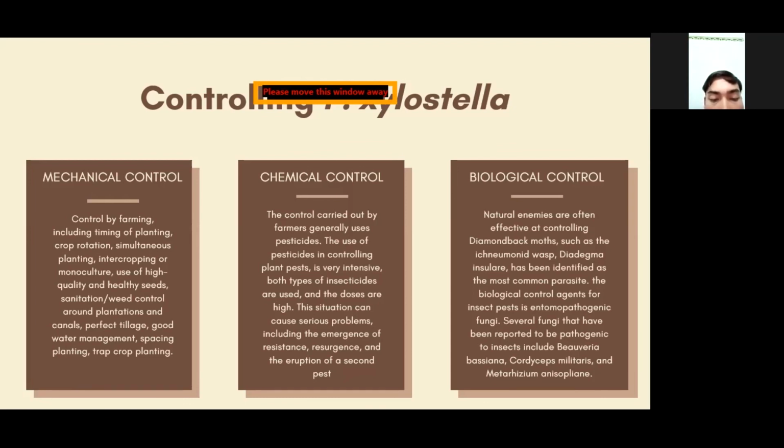Several fungi have been reported to be pathogenic to insects, including Beauveria bassiana, Cordyceps militaris, and Metarhizium anisopliae.